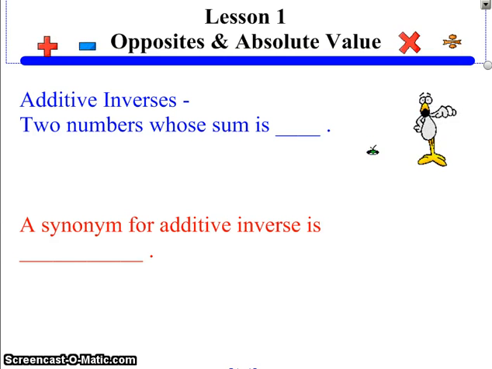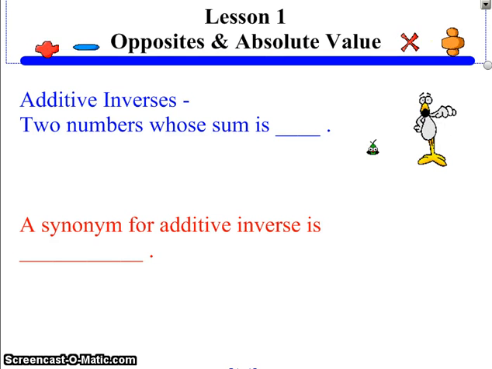First thing we want to talk about in this section is the idea of what we call additive inverses. Additive, obviously you're going to think of addition. Inverses, if you don't remember that word, is definitely what we want to consider the same as being opposite. All right, so that's what we want to fill in here.